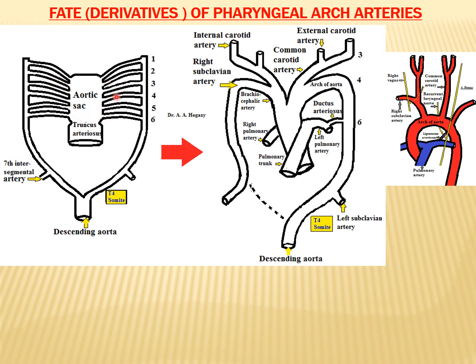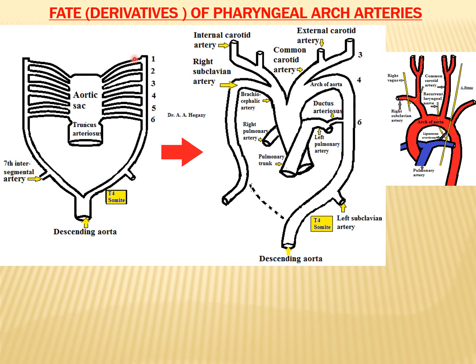Each of these arteries passes in the corresponding pharyngeal arch. You know that the pharyngeal arches are 6. The fifth pharyngeal arch disappears with its artery, so the remaining are 5: the first, second, third, fourth, and sixth.